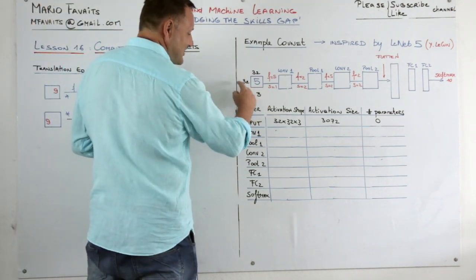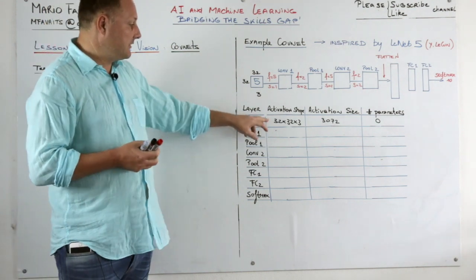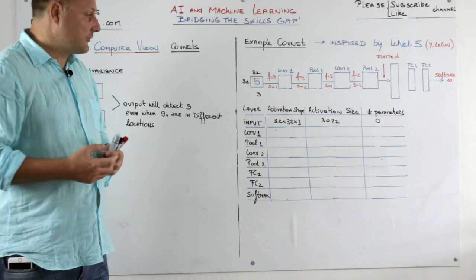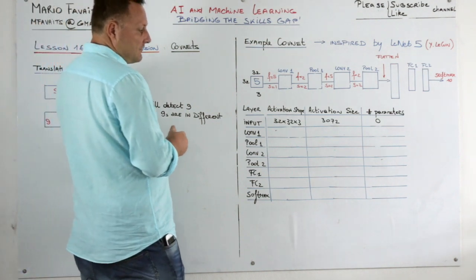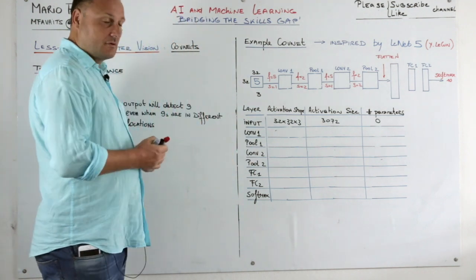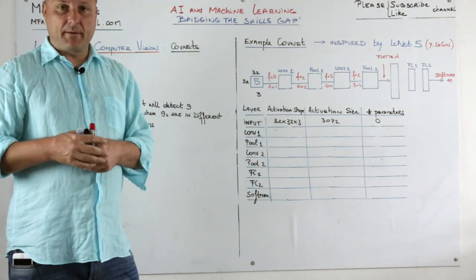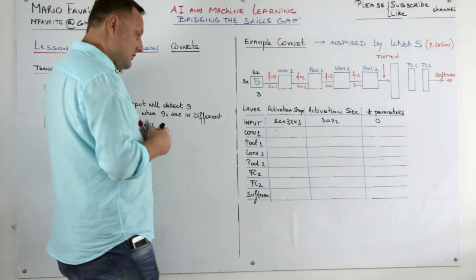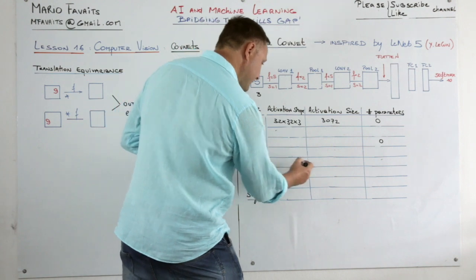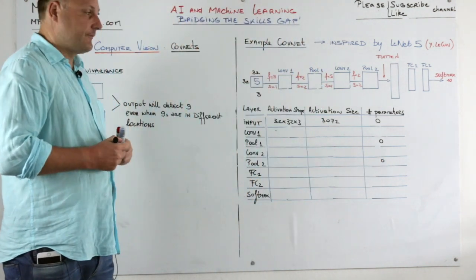The activation shape gives a total number of pixels of 32 times 32 times 3, and the 3 is for RGB. So the size is 3072, and there are no parameters. Another thing we know is that pooling layers also don't have any parameters, so we can put 0 there.